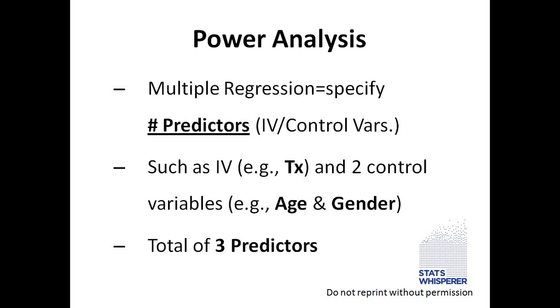So in multiple regression, the number of predictors affects the statistical power. So we have to specify it. So if one independent variable is treatment, right, that's one predictor, and then say we think treatment will vary by age and gender, so those are two control variables, that would be 3 predictors in our multivariate regression.